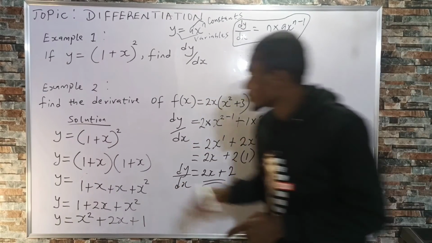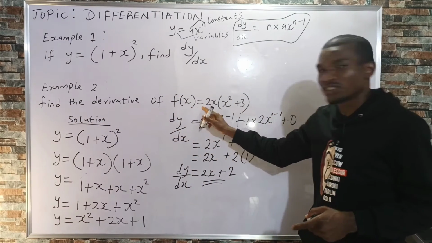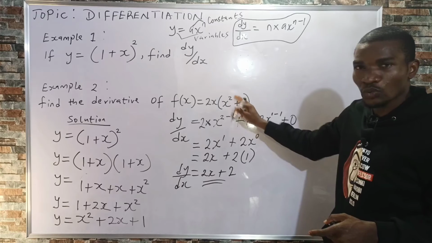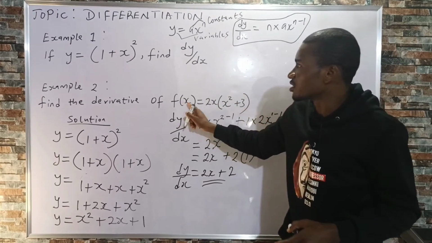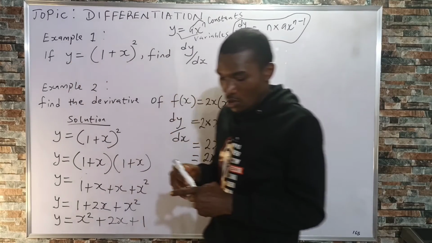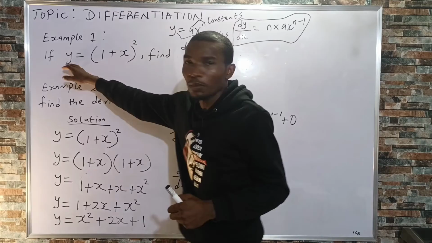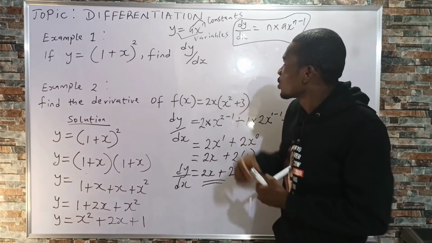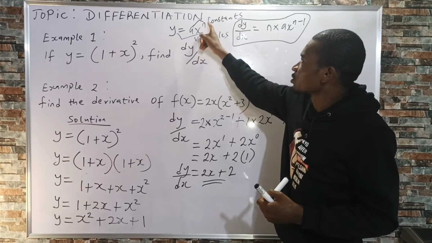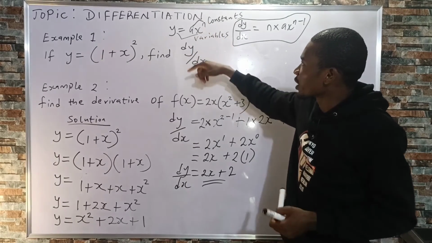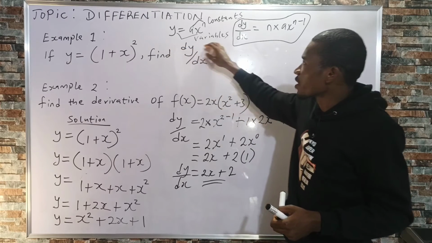Let's go ahead to solve the second example, which says find the derivative of f of x, which is equal to 2x in bracket x squared plus 3. Okay? This f of x is the same as the y here. Why do they usually put f of x in place of y sometimes? The reason is because whenever you have a function y equal to ax raised to the power of n, I already told you prior that your x and the y are your variables.